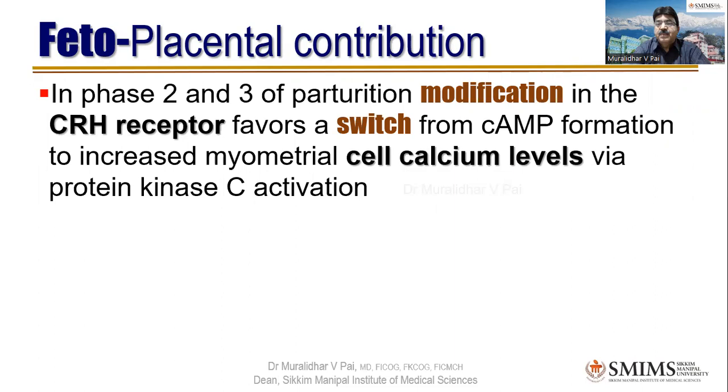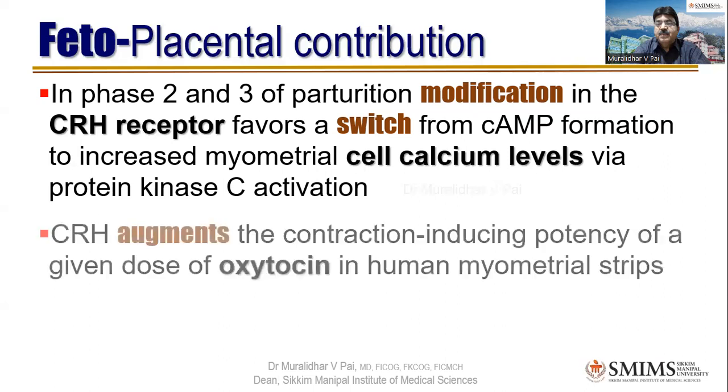But in phase 2, when cervical ripening happens or pre-labor or preparation for labor, and phase 3, of course, is the actual full-fledged labor, the CRH receptors favor a switch from cyclical AMP formation to increased myometrial cell calcium levels. That's how the uterus becomes very active and excited.